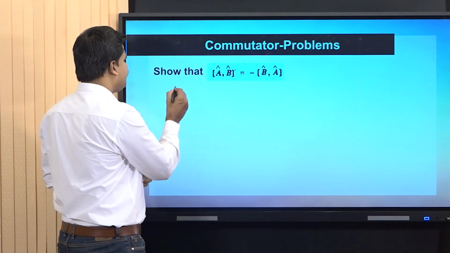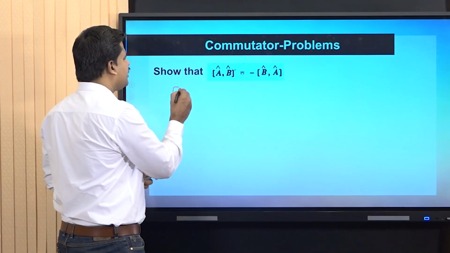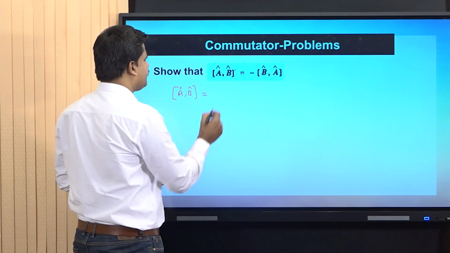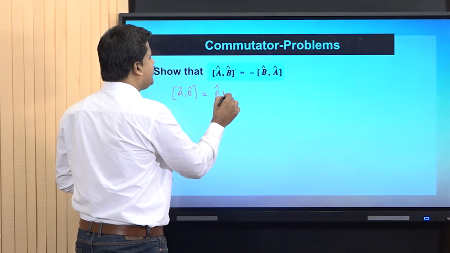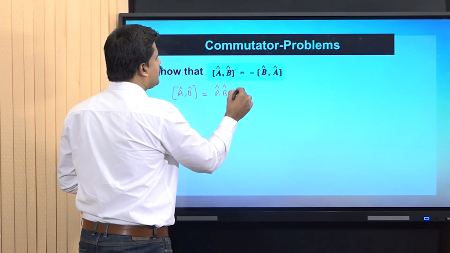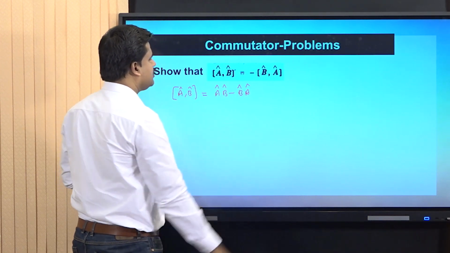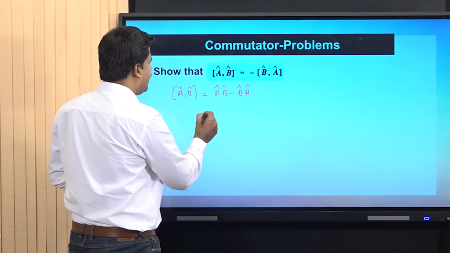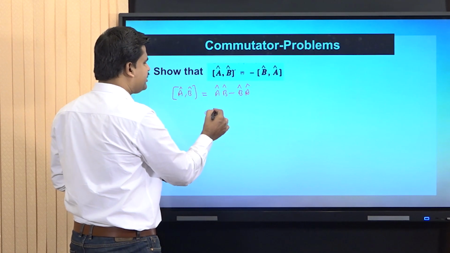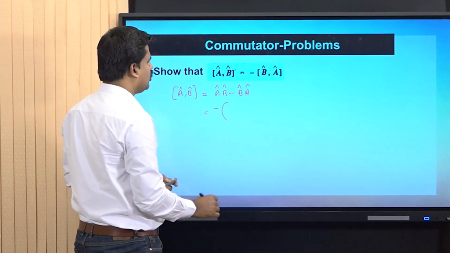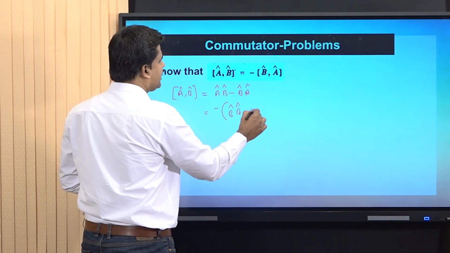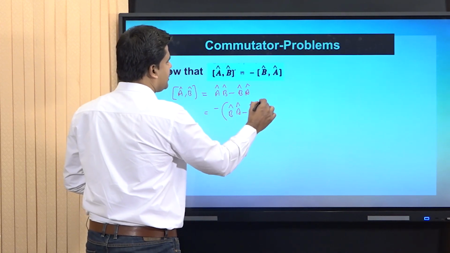By definition, the commutator of A hat B hat is represented as A hat B hat minus B hat A hat. I am taking a negative sign outside: minus of B hat A hat minus A hat B hat.